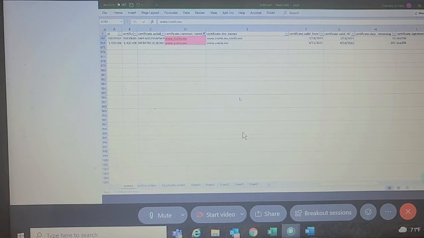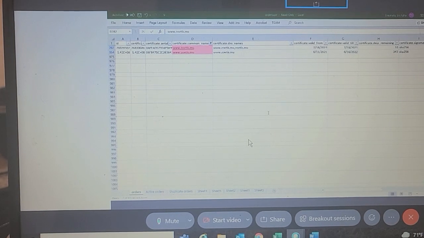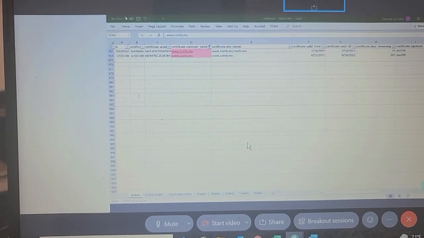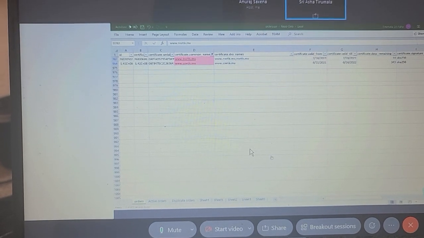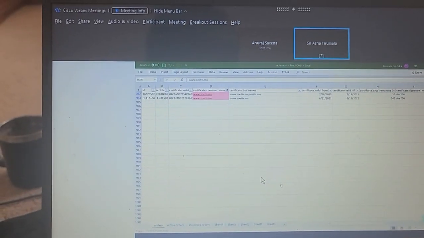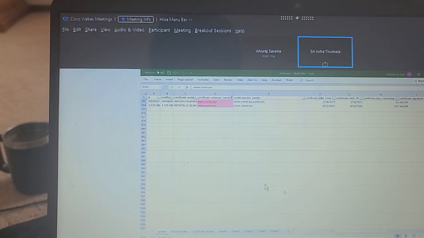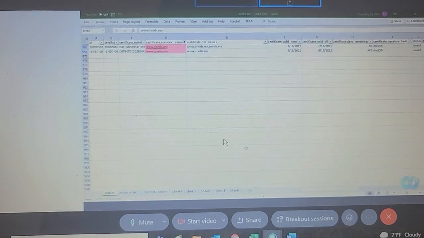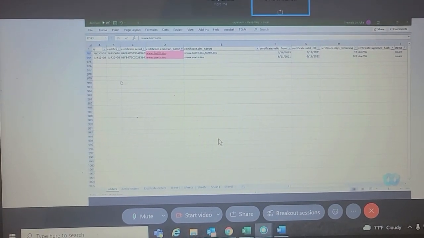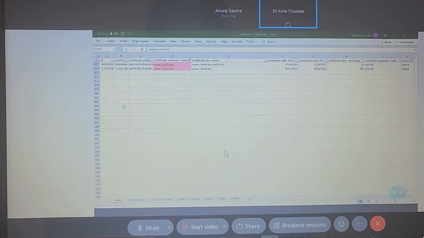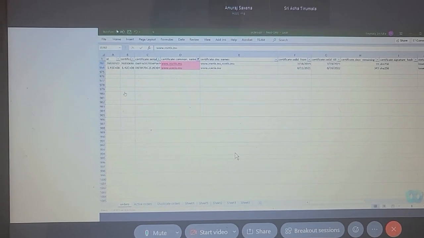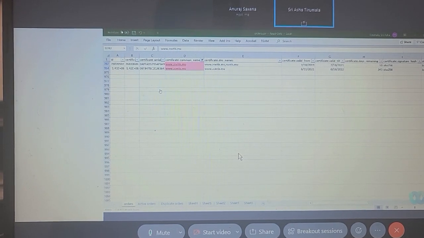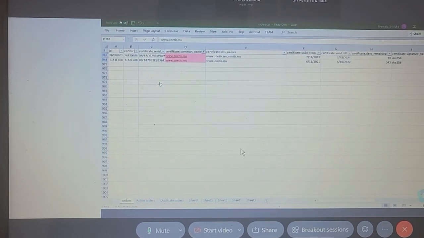The process says once they download, they have to sort the data, remove the duplicates, and then find out the latest certificate expiry date, and that's when they will get the right filtered data to send reminders. But anyways, I understand certificate external. I'm not bothered about internal, to be very honest, at this stage at least. It's more the external one, right? Yes, Asha.